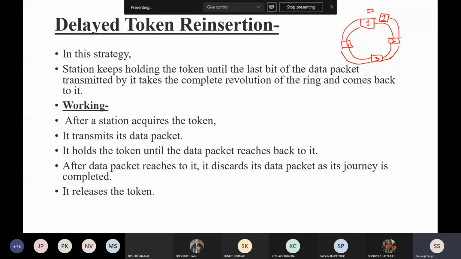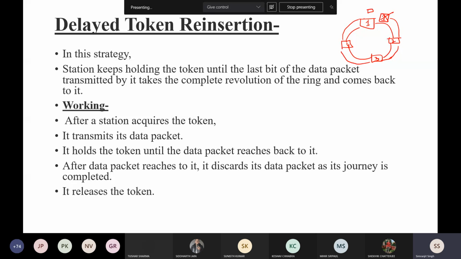When it comes back to the first station, it is the responsibility of this first station to remove the packet from the link, because I'm talking about broadcast links. When you are transferring a packet, every station that is connected to you in a ring will be able to see your packet. It is the responsibility of the sender station to take out the packet it sent.